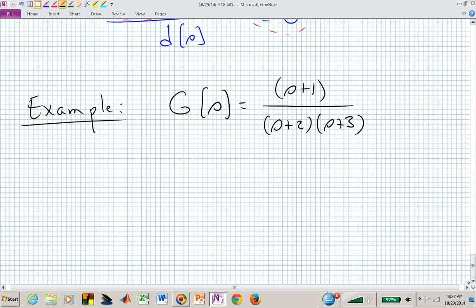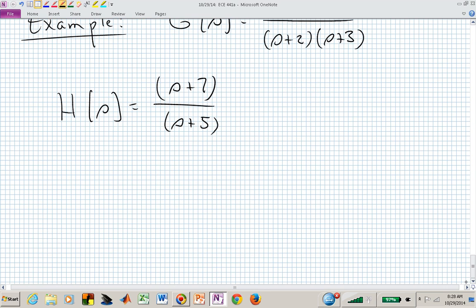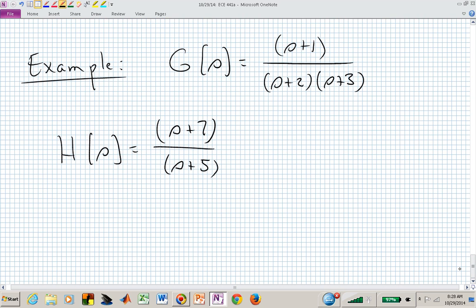Let's say g of s is 1, 2, 3, and h of s, I'm sure you guessed that structure, didn't you? Is s plus 7 over s plus 5. These were just, after 3 or 4 hours of study, these appeared. Here's a transfer function, or two transfer functions.